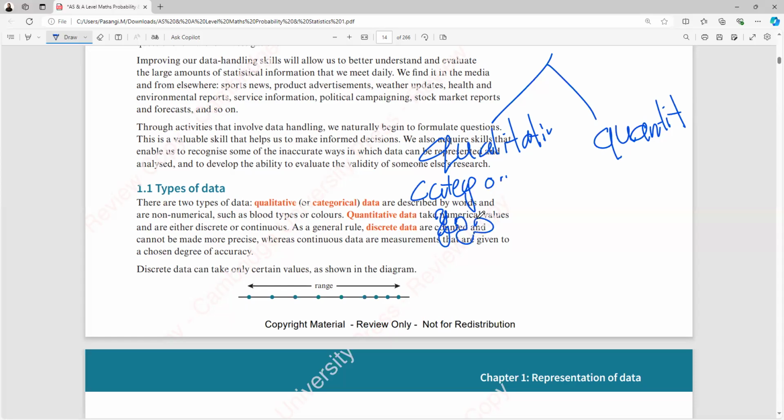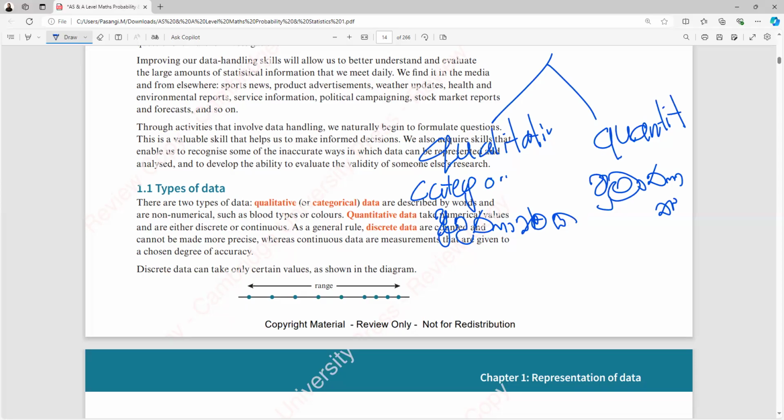In Sinhala, we call it Gunatmaka data. For quantitative data there is no special name; in Sinhala we call it Pramanatmaka data, related to quantity. Those are the two different categories we have in data.